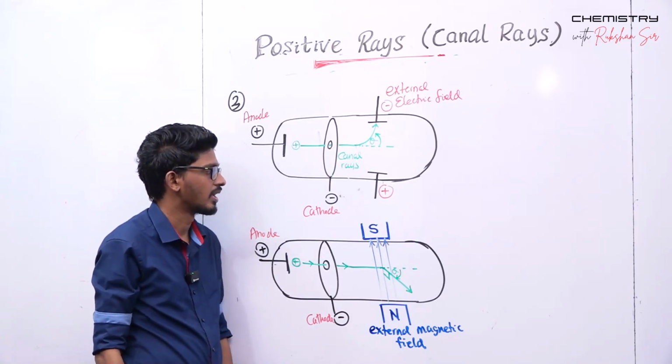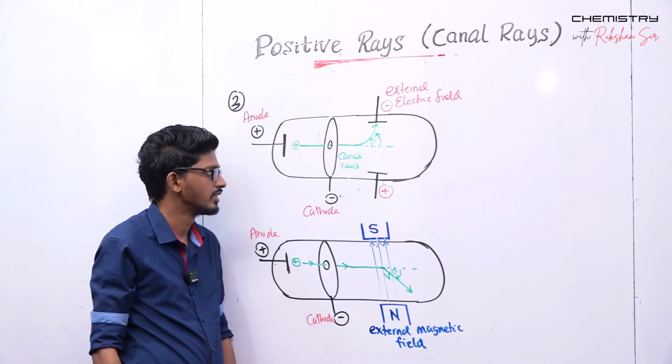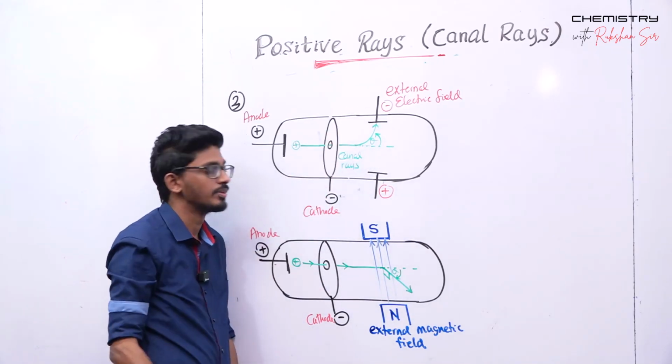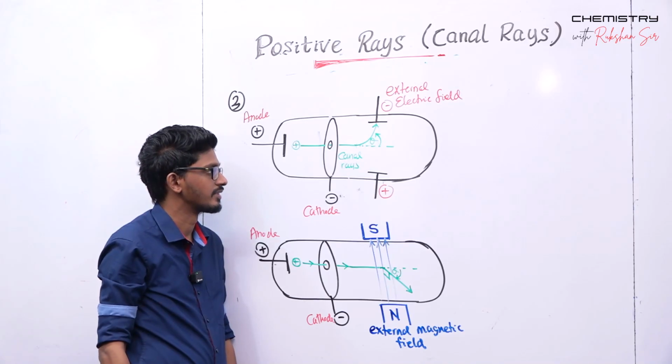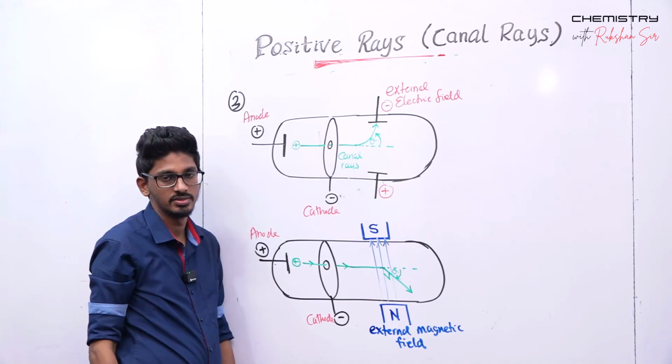So if some particle is deviating towards the positive terminal, that means that particle should be with the opposite charge. They are deviating towards the negative terminal, so those should be positively charged. The Cannon rays should be positively charged.